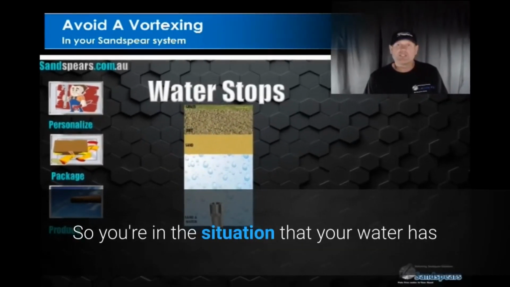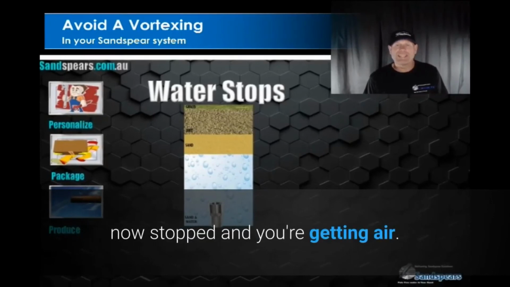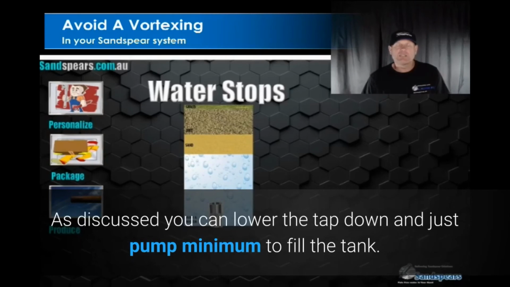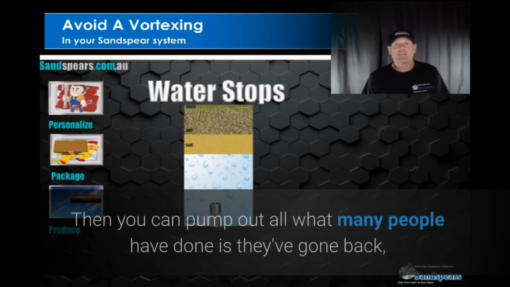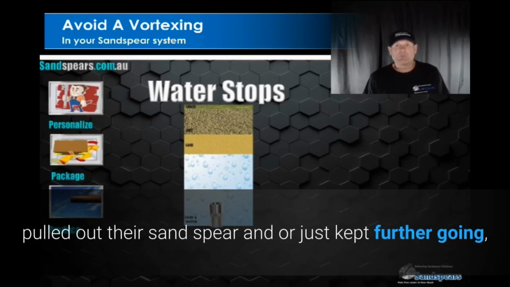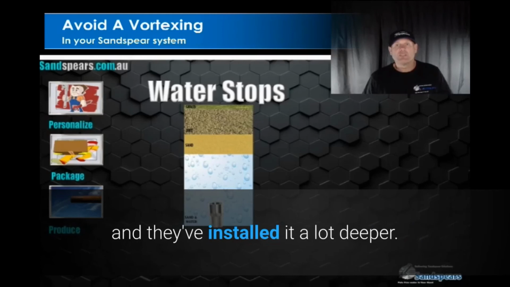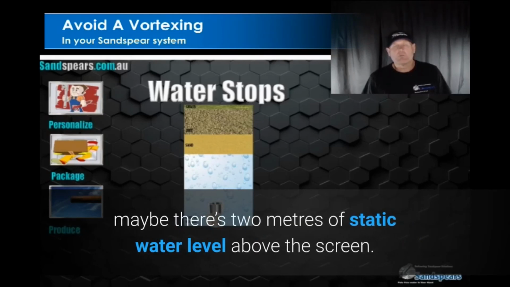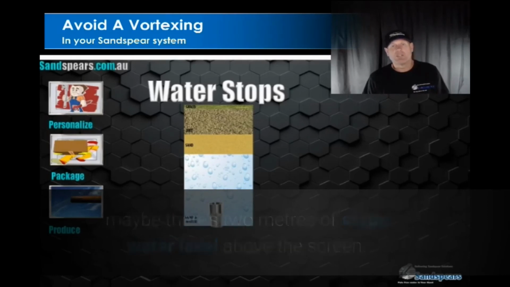So you're in the situation that your water has now stopped and you're getting air. What can you do? As discussed, you can lower the tap down and just pump minimum to fill a tank, then you can pump out. Or what many people have done is they've gone back, pulled out their Sandspear, and kept going further, and installed it a lot deeper, like as I discussed before, maybe 2 meters of static water level above the screen.